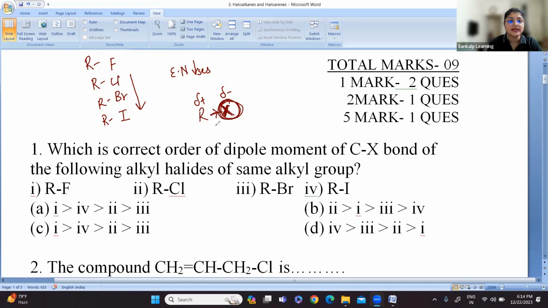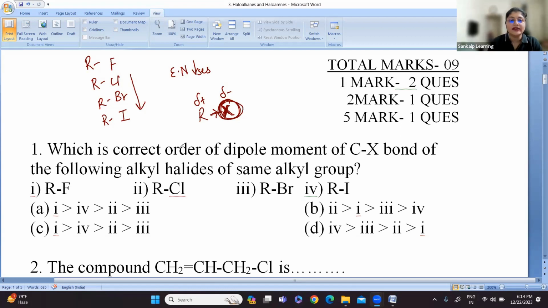So this results in a decrease in the overall dipole moment. There will be a decrease in the overall dipole moment of the molecule. Why? Because as you move down, the electronegativity of the halogen atom decreases. As a result, the carbon halogen bond becomes less polar, so the overall dipole moment of the molecule goes on decreasing.